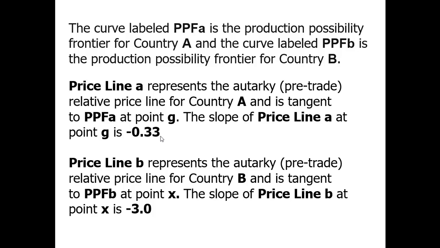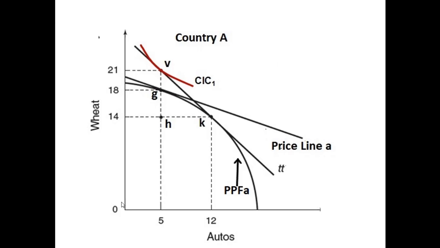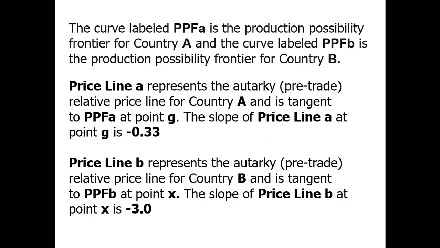So this information tells us that at point G, if this country wants to produce one more auto, they're going to have to give up a third, 0.33 units of wheat, to move to the next place on the production possibility frontier.